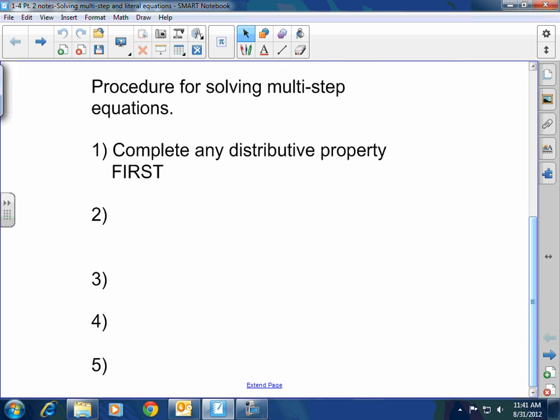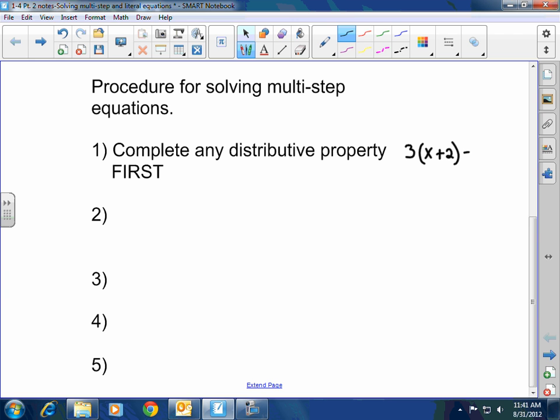Number 1, complete any distributive property first. What I mean by that is, let's say I have an equation that looks like this. 3 times x plus 2 equals, let's say, 4x minus 5.